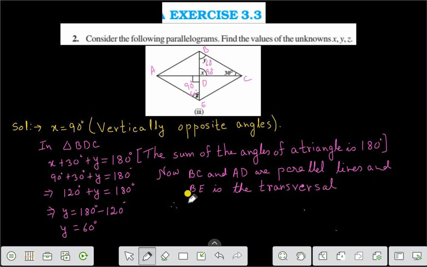Therefore, we can say that angle y is equal to angle z, and that is equal to 60 degree, because these are alternate interior angles.